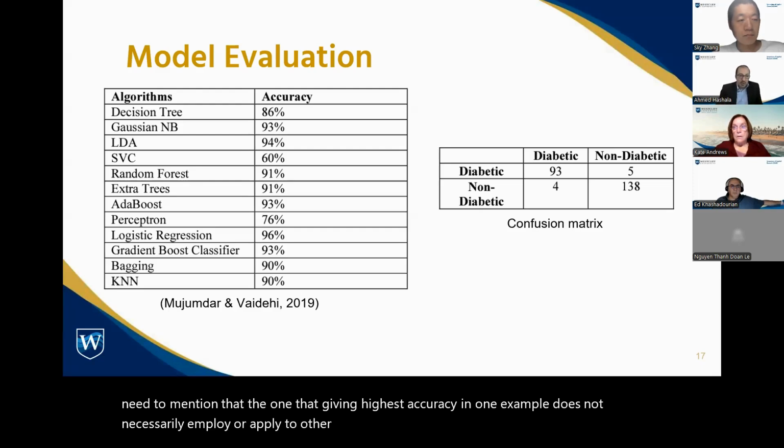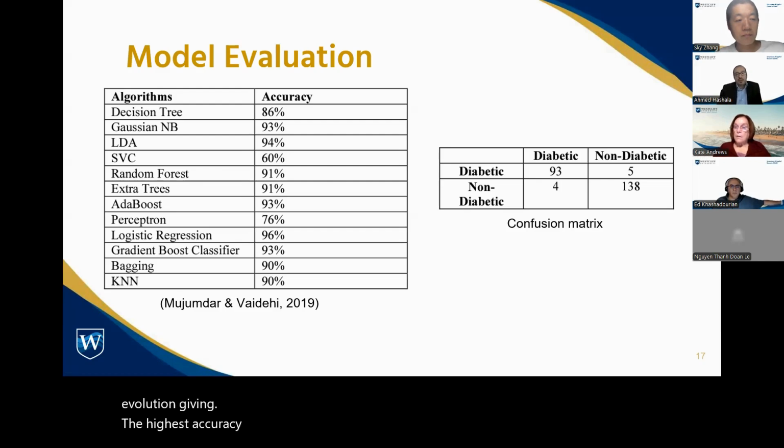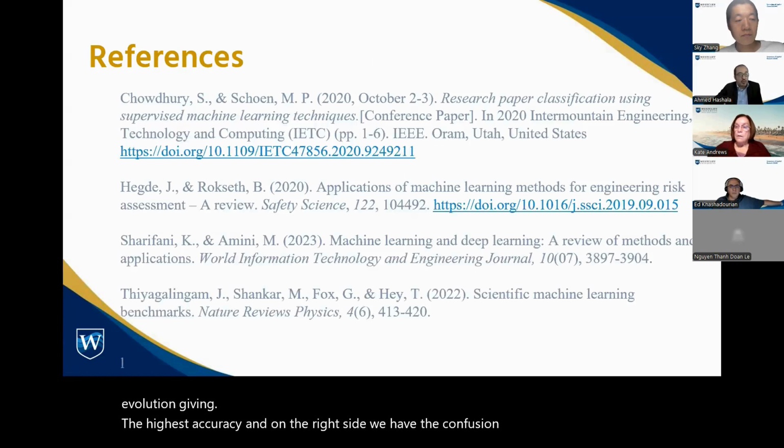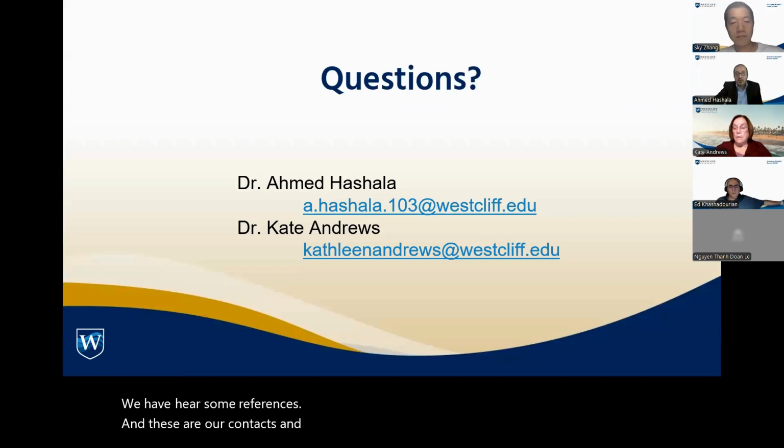Here in our situation, we have logistic regression giving the highest accuracy, and on the right side, we have the confusion matrix.